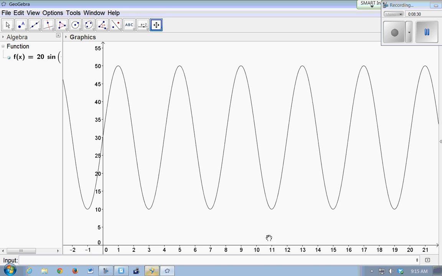All right, does that look like the graph of the function I sketched? Let's look at them side by side here.